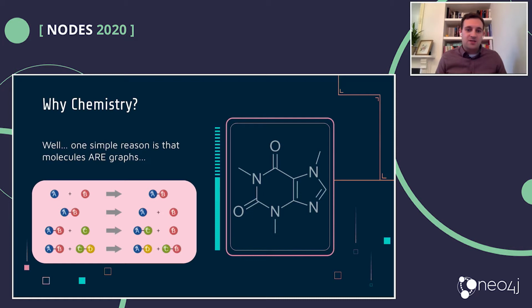One other way is that you can represent the changing of different molecules and the forming of new molecules as graphs too. So the actual reactions that you form as part of the chemistry. When you're making caffeine or you're mixing reagents, just like basically baking, say here we've got molecule A reacting with molecule B. In your first representation of the graph, these are completely separate, they're not connected.